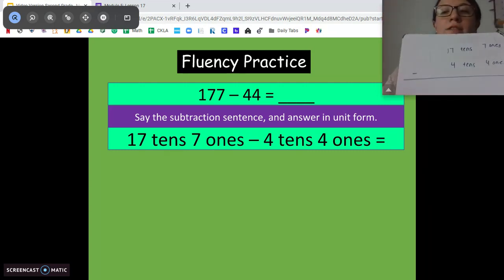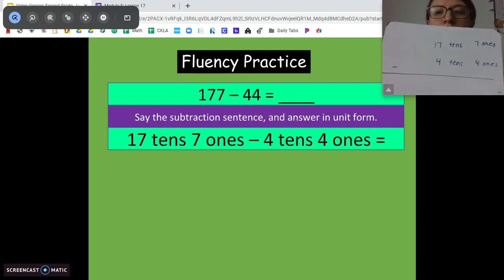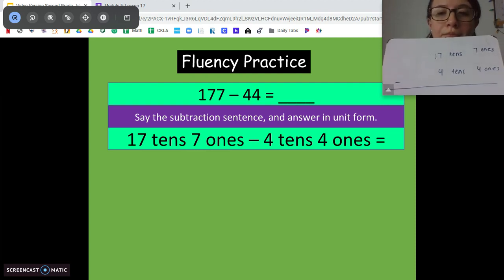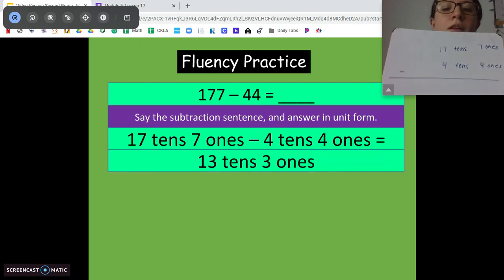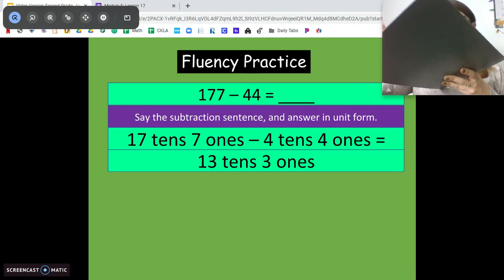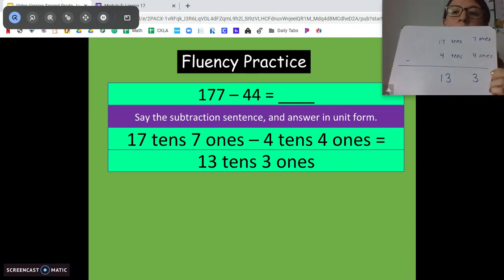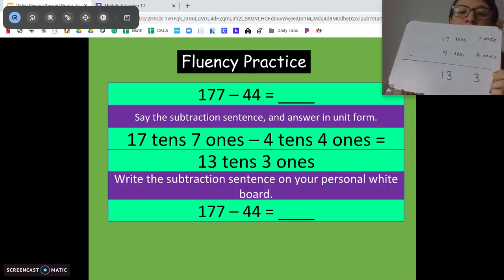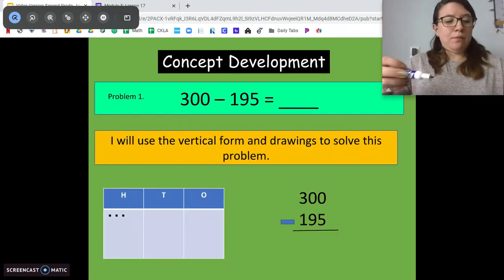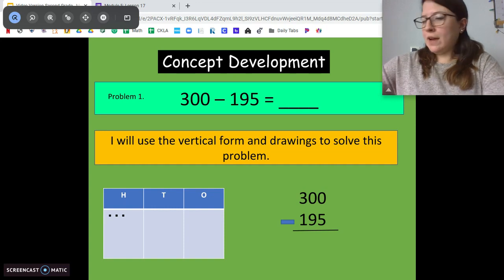And then we can just subtract. So subtract your ones and then subtract your tens. And tell me the answer in unit form. Good. So it's going to be 13 tens, 3 ones, which is what number? 133. Awesome.